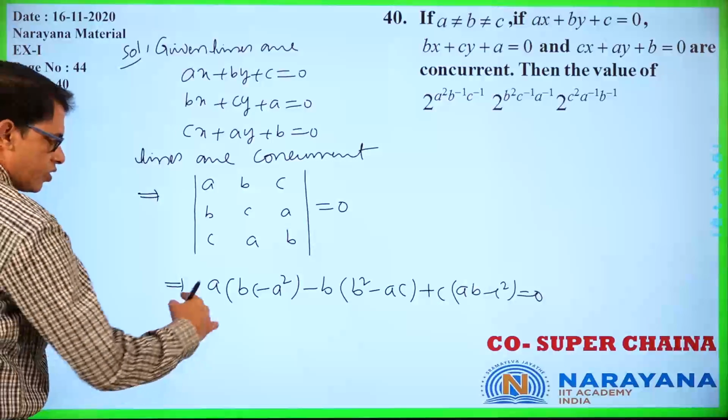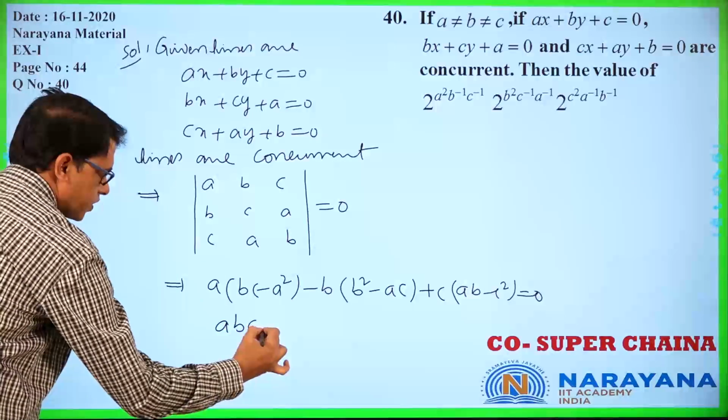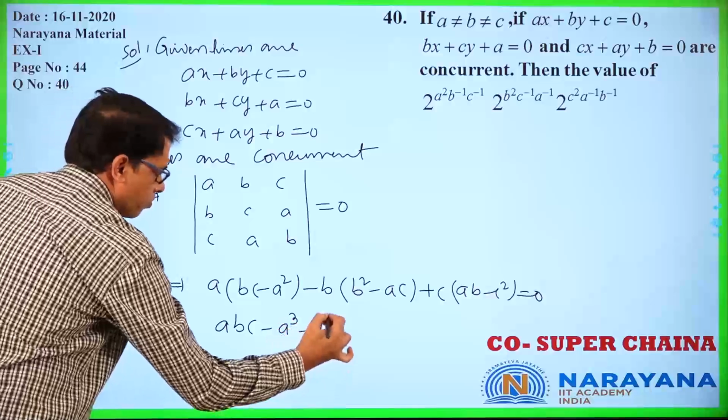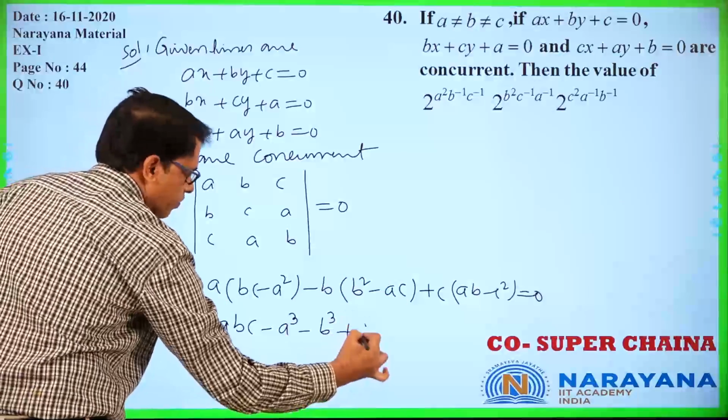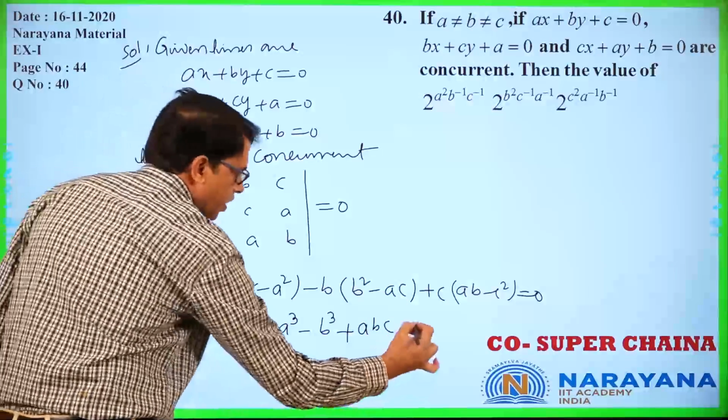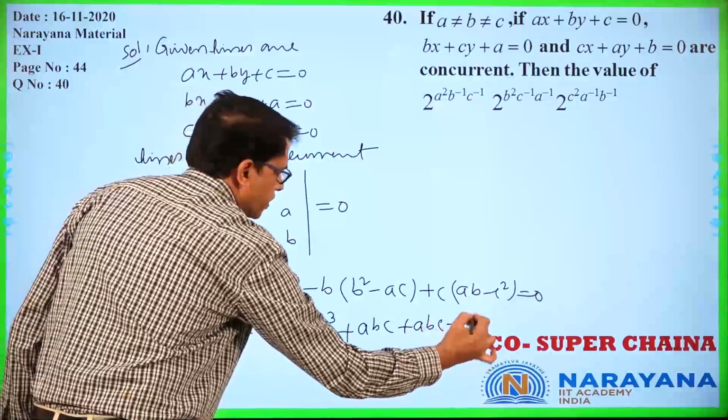Simplify this one: abc minus a cube, minus b cube, plus abc, then plus abc minus c cube equals 0.